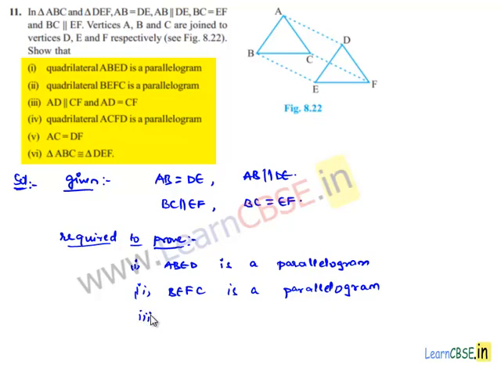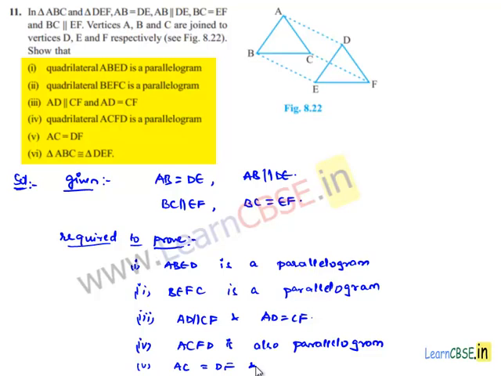Third, AD is parallel to CF and AD is equal to CF. Fourth, ACFD is also a parallelogram. Fifth, AC is equal to DF, and sixth, triangle ABC is congruent to triangle DEF.